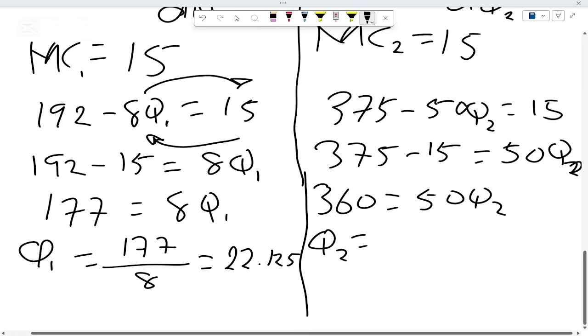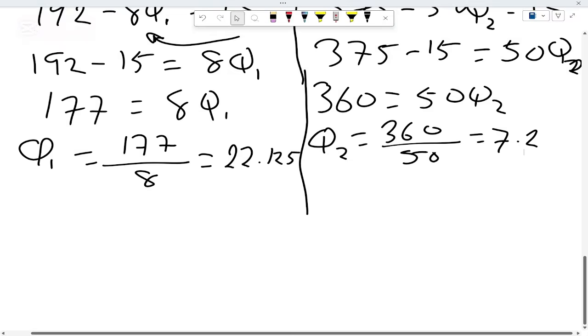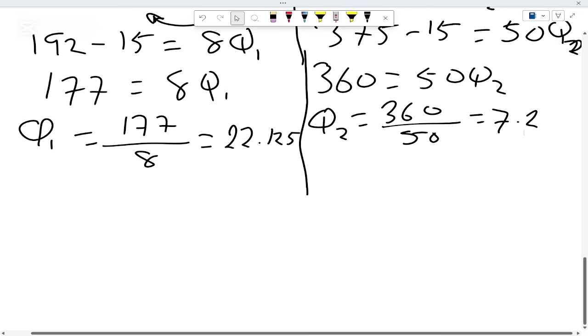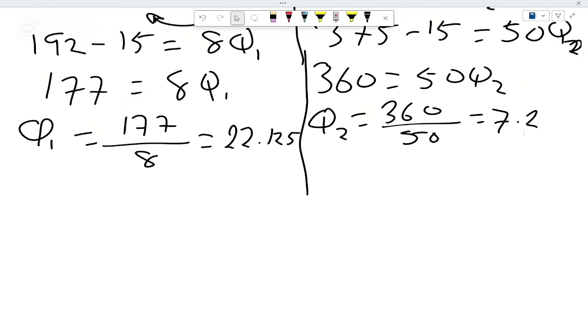Q2 equal to 360 divided by 50. So this will give you 7.2. So with this, you've been able to calculate the quantity that will be sold, the units that will be sold.